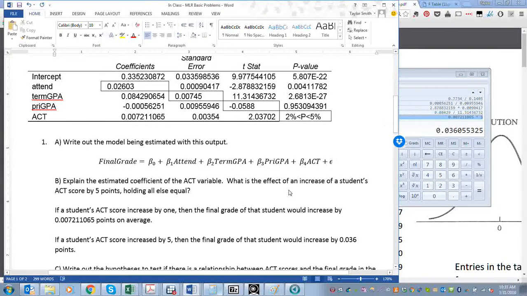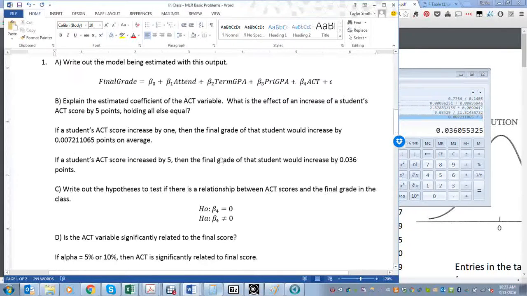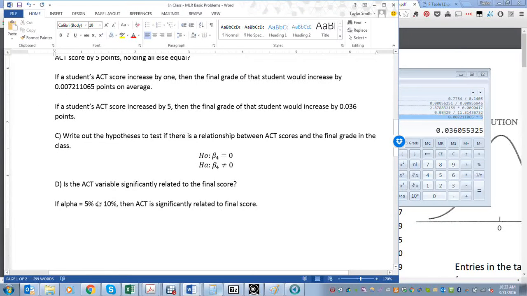Our p-value is less than our alpha, which means we reject the null. And if we reject the null, we're saying that there is a relationship between ACT and the final score.